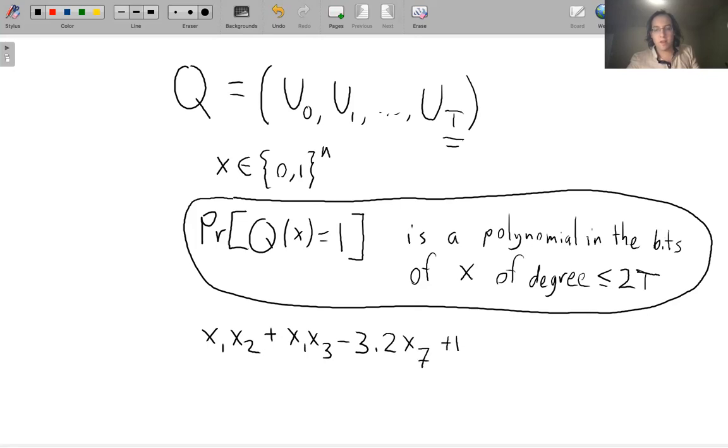This is just an example polynomial. Here x1, x2 and so on are variables representing the bits of the string x. Another thing to note is that when we say polynomial, we mean real polynomials, so the coefficients will be real numbers. The field of the polynomials is the reals.